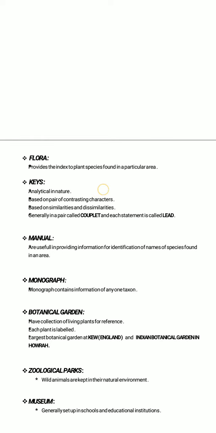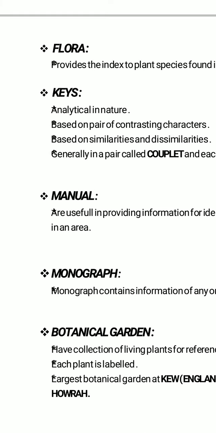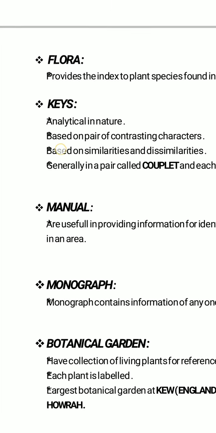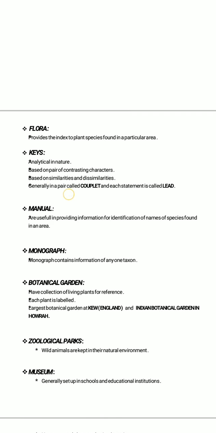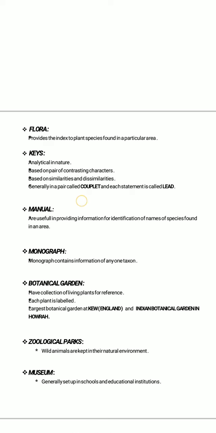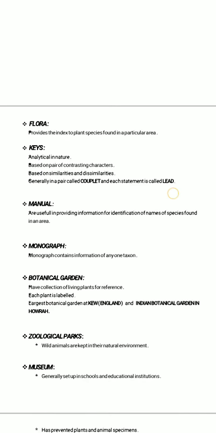It will analyze whether it has a specific character or not. How does it analyze? It is based on the pairing of contrasting characters, based on the similarities and dissimilarities between the organisms, and generally a pair is called a couplet, and each statement of the key is called a lead.